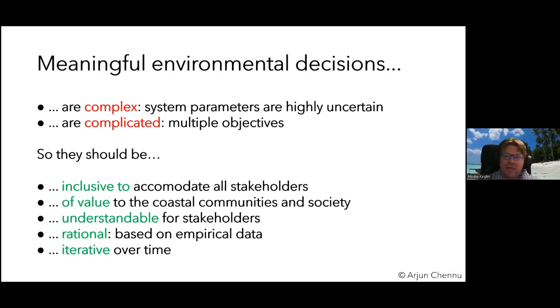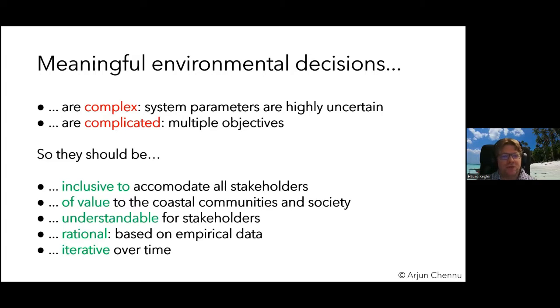So how can we make well-reasoned decisions in environmental management? Because those decisions are complex. Many system parameters are highly variable or uncertain. We often have multiple objectives to deal with, so quite complicated situations. On the other hand, we strive to be as inclusive as possible to address the needs of all stakeholders.